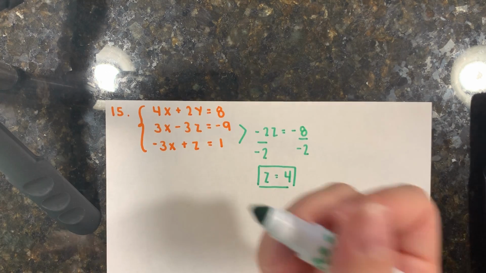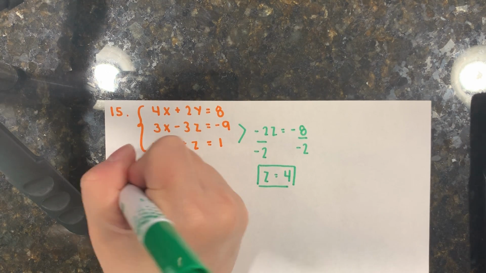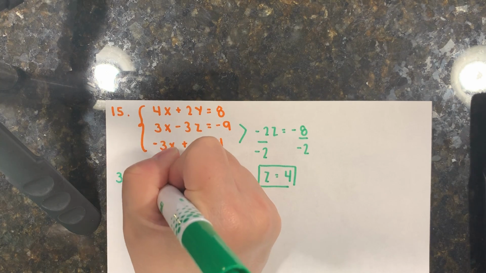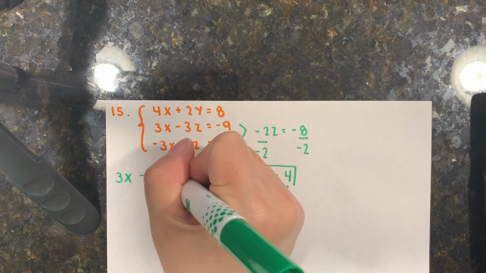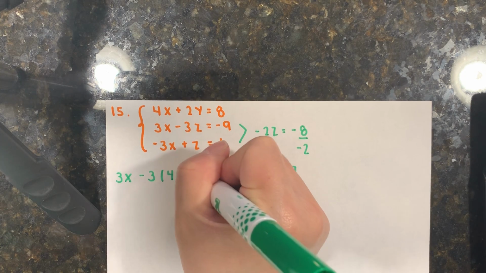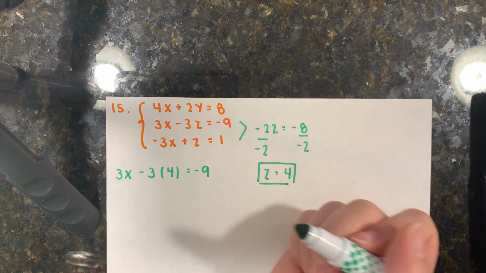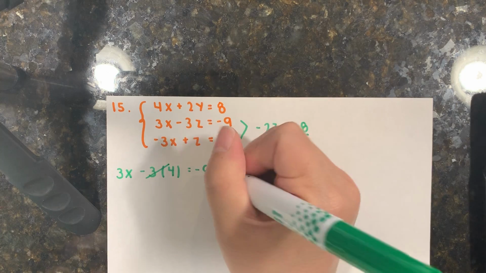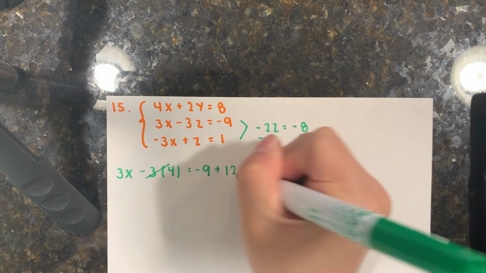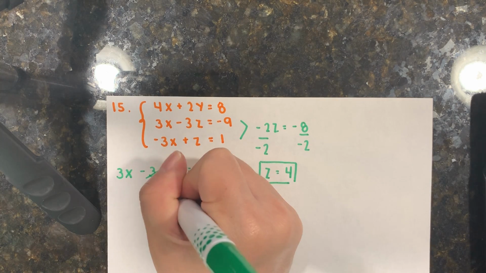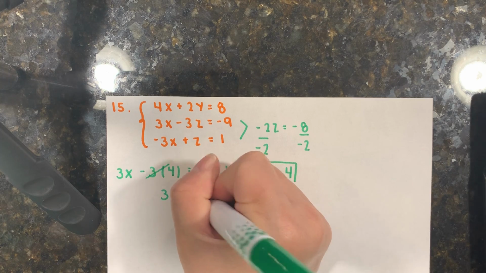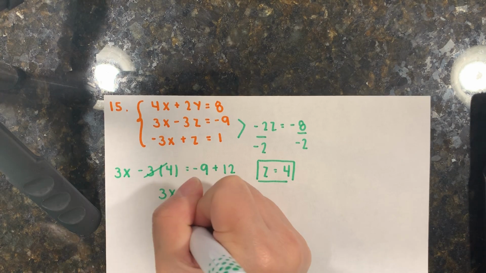So I'm going to plug that into the middle equation. So that would be 3 times x minus 3 times 4 equals negative 9. Well, this says negative 12, so when I move it to the other side, it would be plus 12. So I would have 3x equals 3, which means that x is equal to 1.